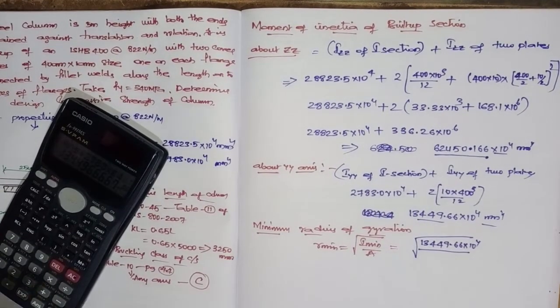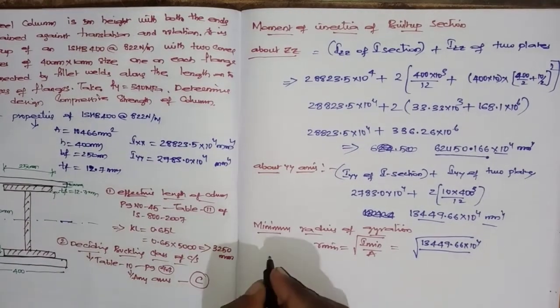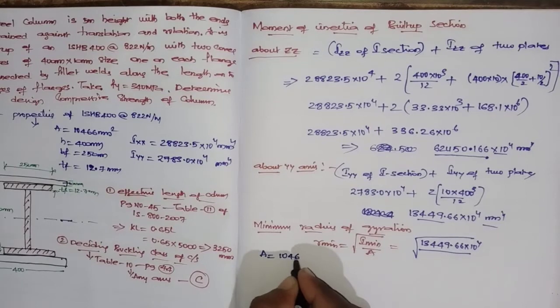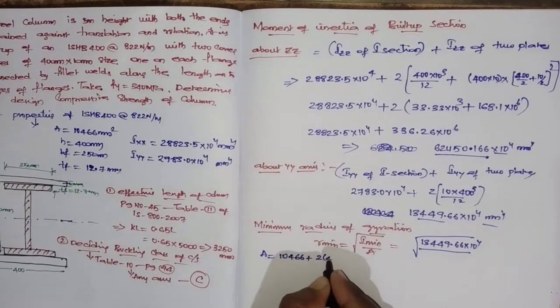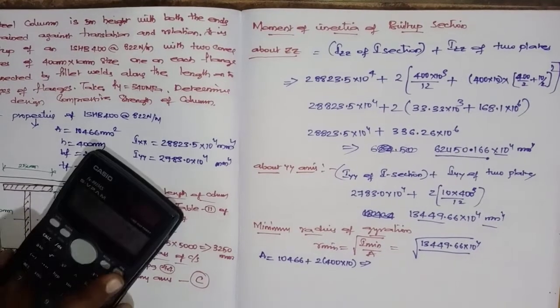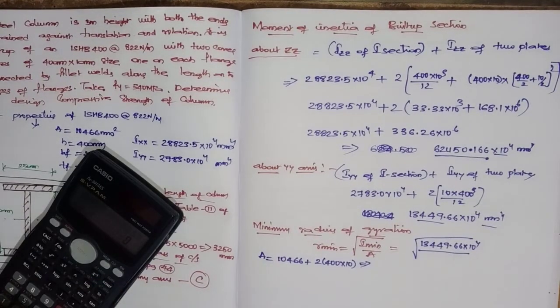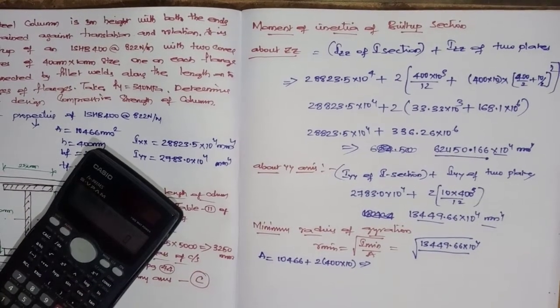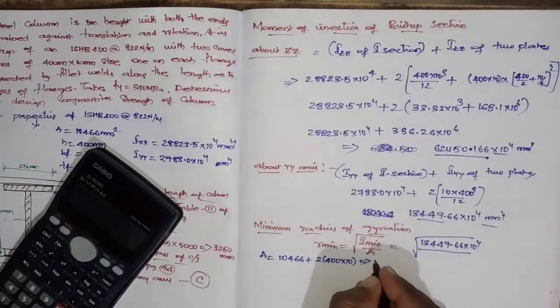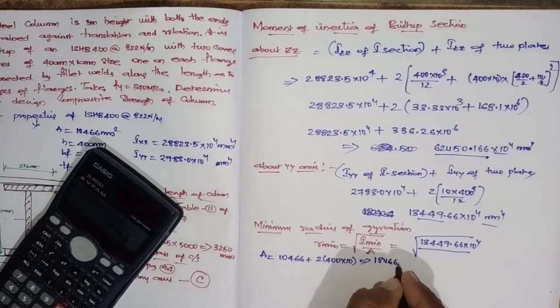Now what is the area you are supposed to take? Area equals 10466 plus 2 times the plate also. So 400 into 10 into 2 plus 10466. How much area? 18466 mm square.